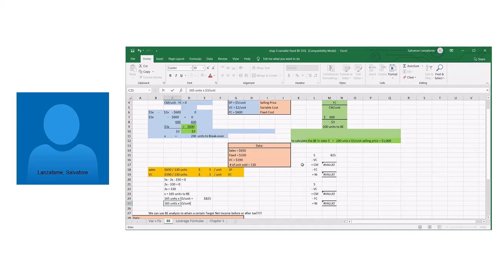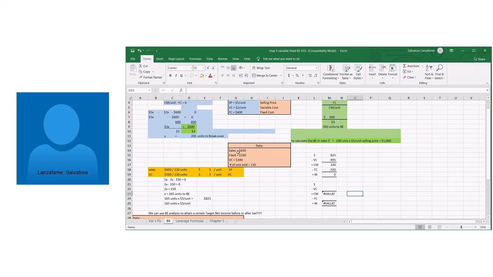That comes out to $495, bringing me down to a contribution of 330. And now let me subtract out my fixed costs. And voila, look at my net income, 0. So whatever my units were to break even, in this case 165, your selling price and your variable costs are impacted by those units. Your fixed costs have nothing to do with it.